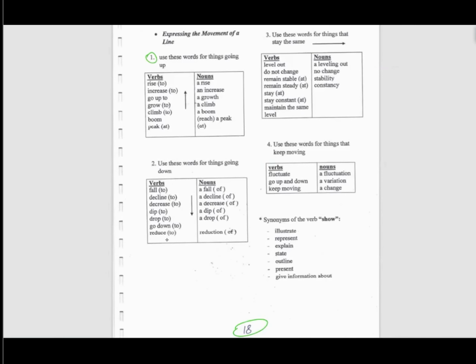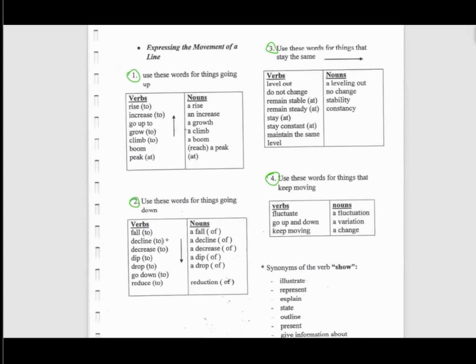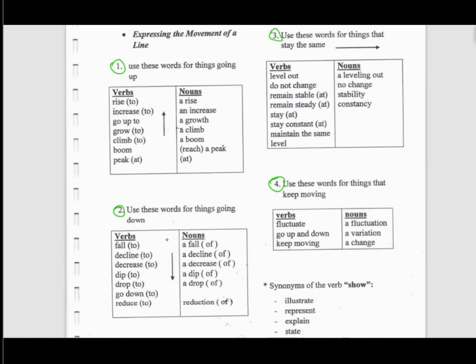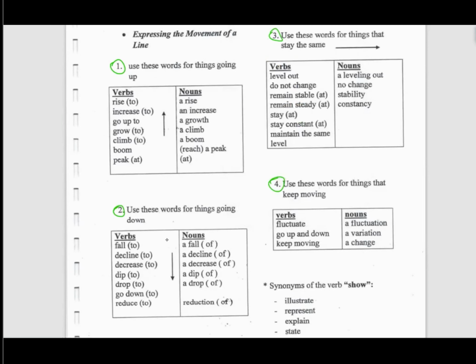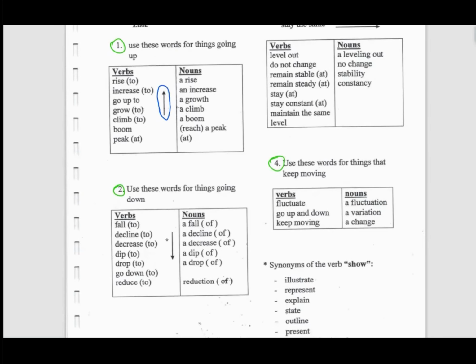We have table 1, table 2, table 3, table 4. In table 1, we have words as synonyms for when the line or the movement goes up. In table number 2, words for when the movement goes down.